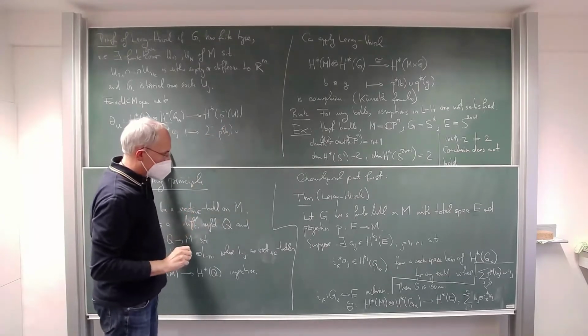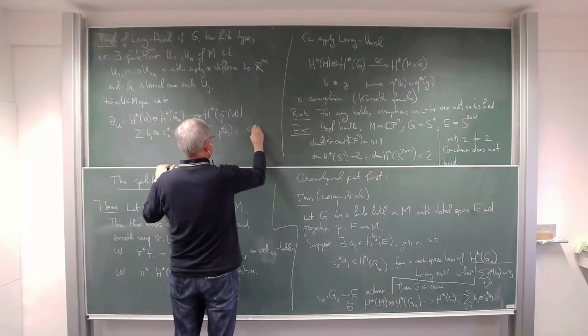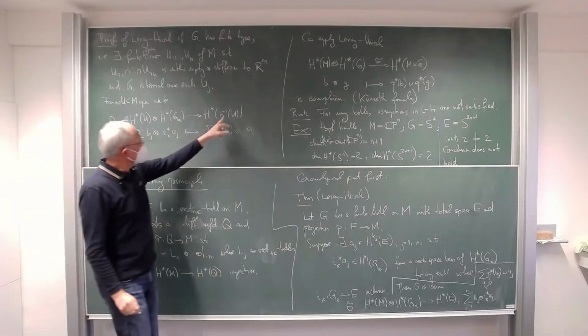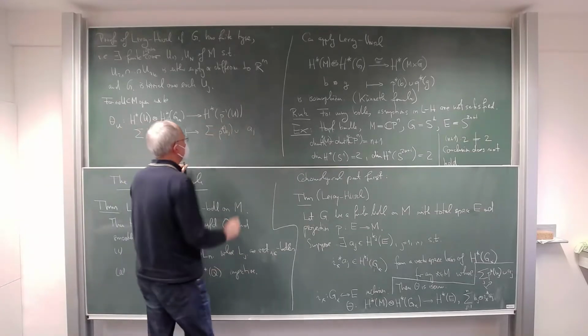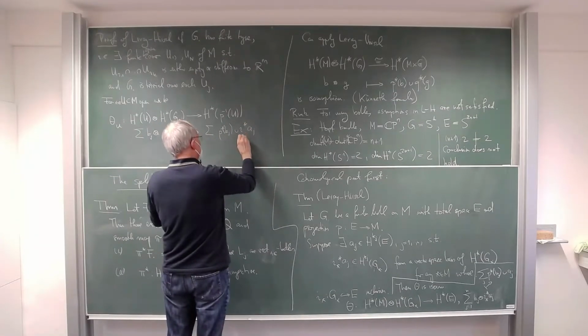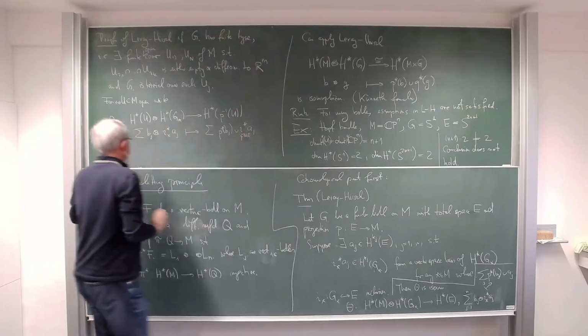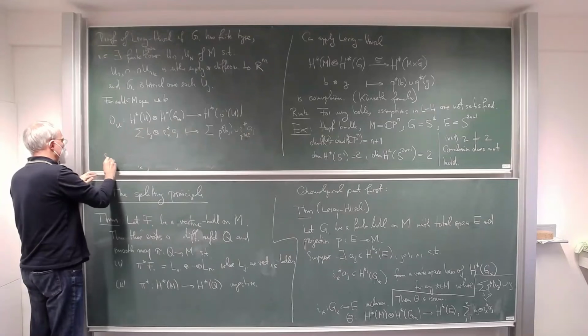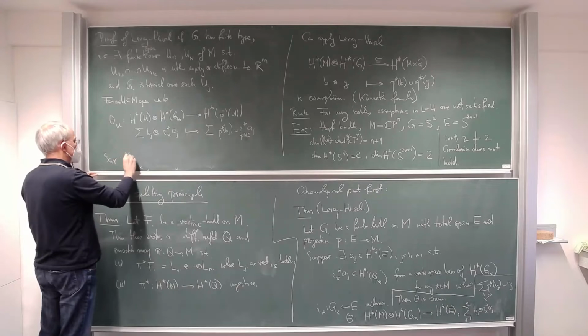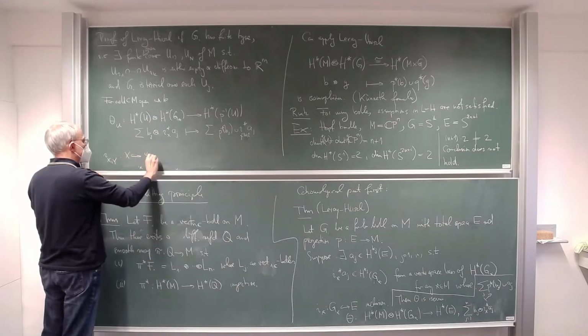Now I'm not just taking alpha j, Aj, but this is something on the total space E itself, so I have to restrict it to this pre-image. So let me write this as iota of the inclusion map of U into M, or rather e to the minus 1 of U into E. So whenever I write something like I of x comma y, I mean the inclusion of x into y.